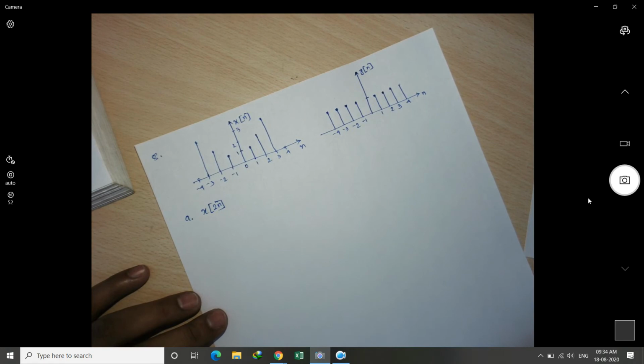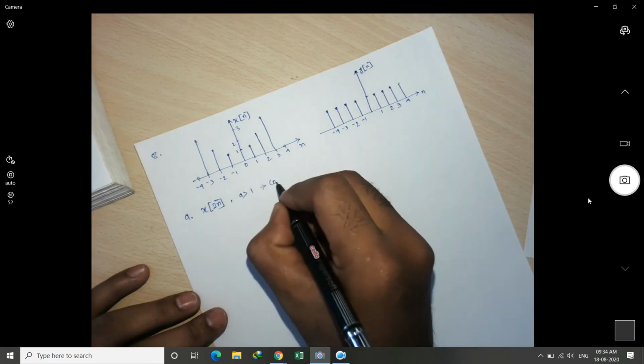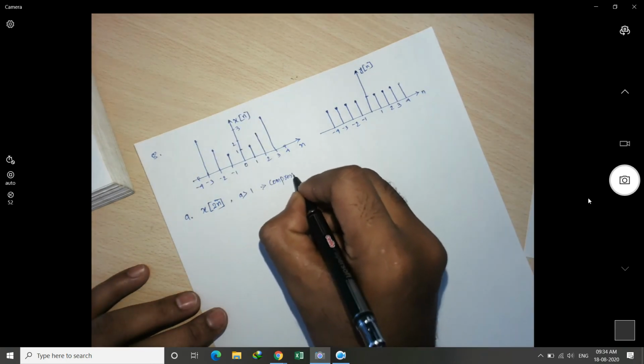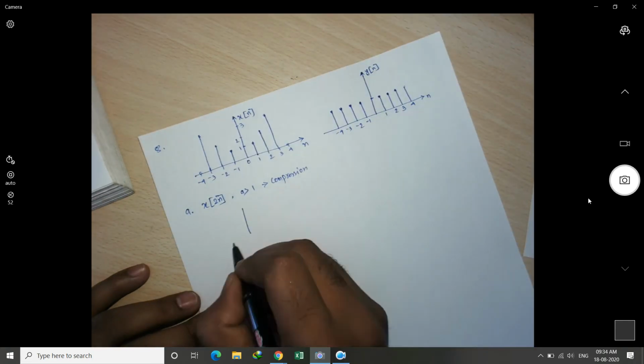Because here the factor a is greater than 1, it means it is compression, right? So what will be our x of 2n?